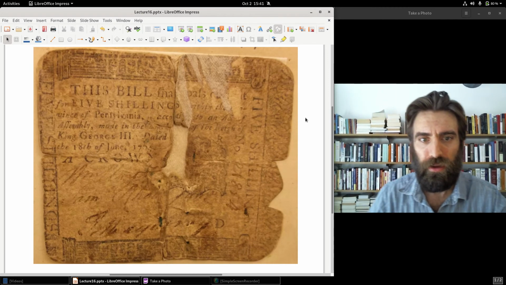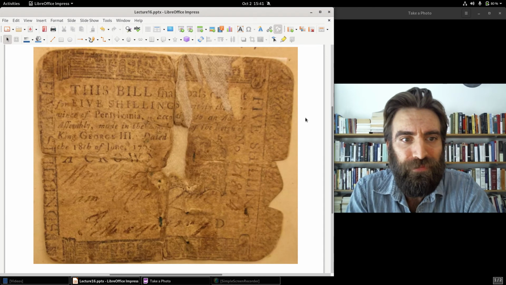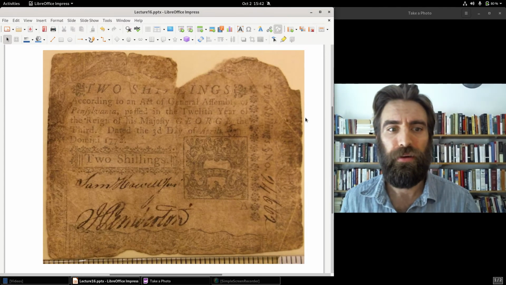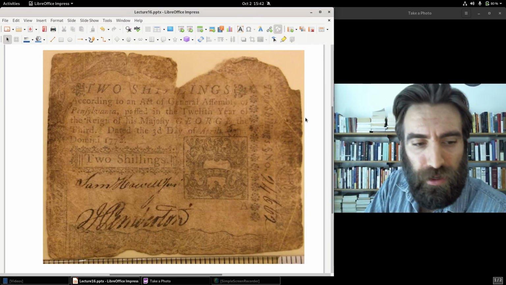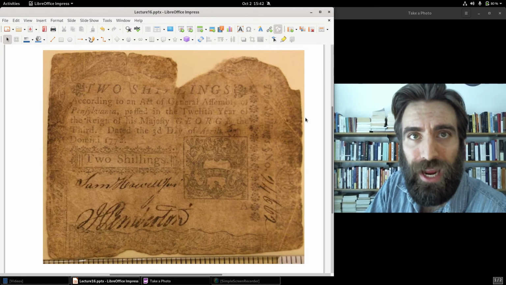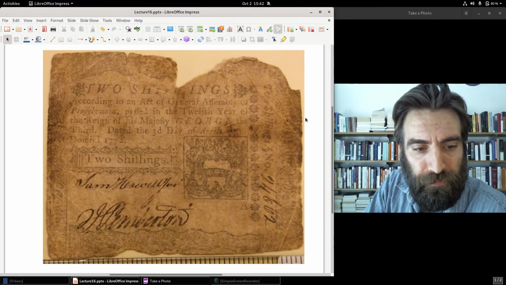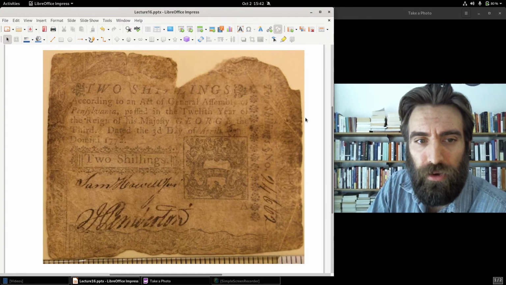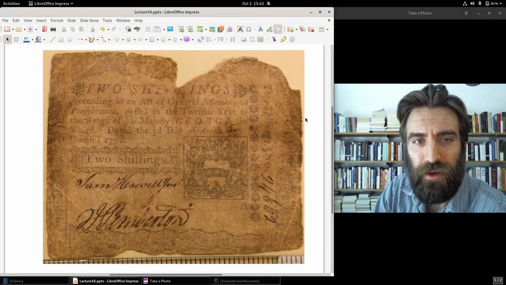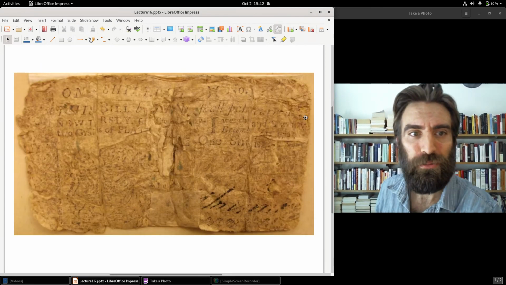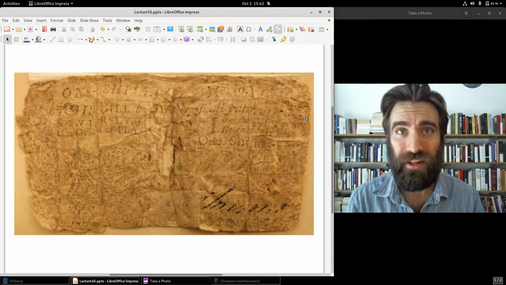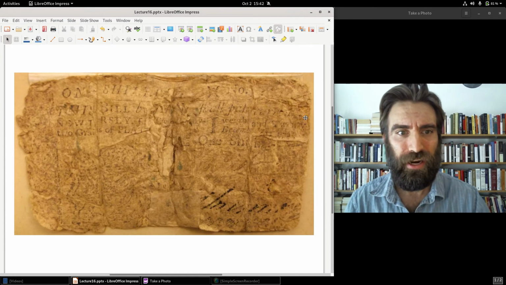There's no value in this note. Look at that one. It's torn up and it's cheap paper. It's rags. And this challenged people's notion of value. What is value? And then you get into some more abstract questions. Look at that. Ugh. Imagine encountering this bill in trade. I don't want to touch that. I don't want to take that.